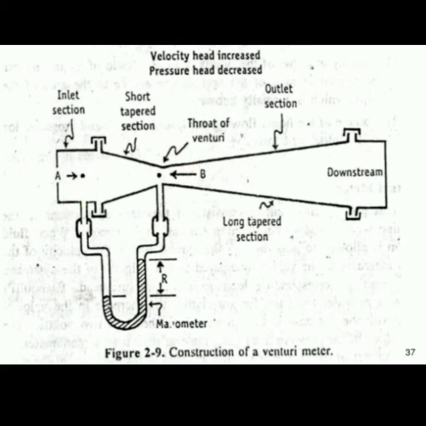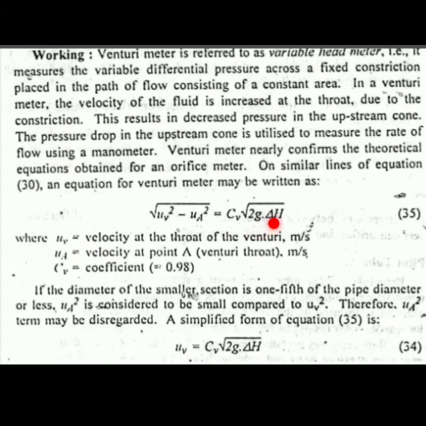What is that equation? Here it gives the equation: root of uV square minus uA square, where u is the velocity, V is for the venturi and A is for point A, is equal to Cv into root 2g delta h.